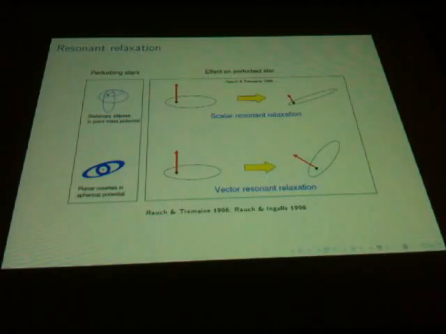For reasons of symmetry, this cannot change the magnitude of the angular momentum of any single star, but it can change its direction, so you take an orbit and tilt it while conserving the shape of the orbit. Because here we change the magnitude, this is called scalar resonant relaxation, and here only the direction changes, it's called vector resonant relaxation.